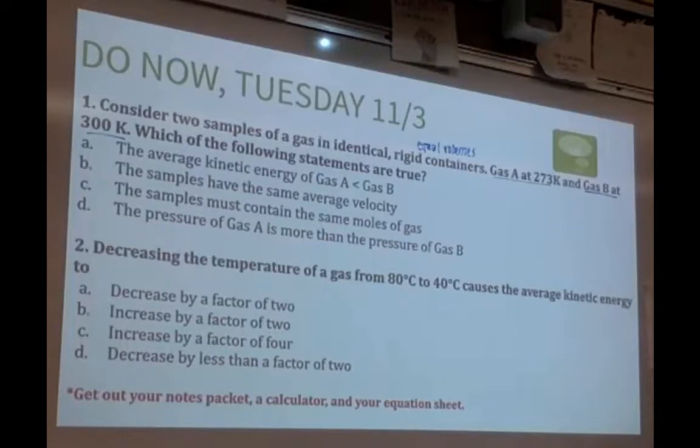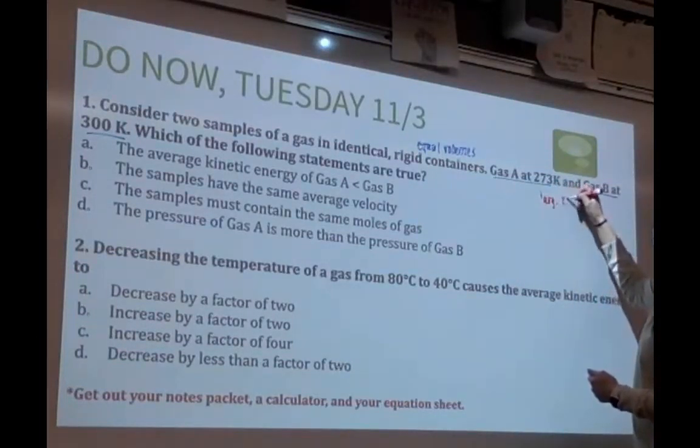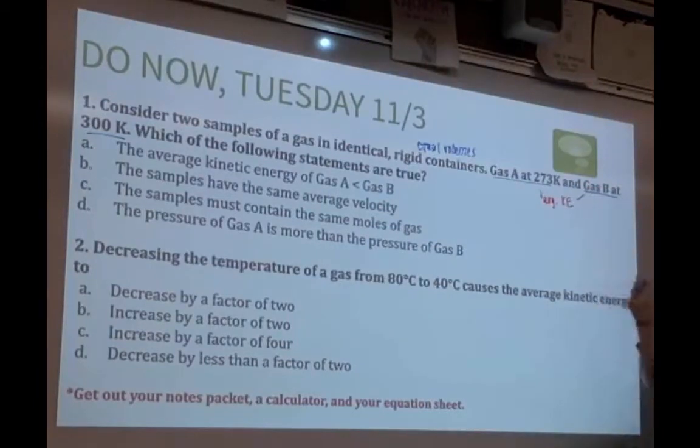So if all we are given is temperature, remember that temperature is a measure of average kinetic energy. If they're at the same temperature, they have the same average kinetic energy. These gases do not have the same temperature.